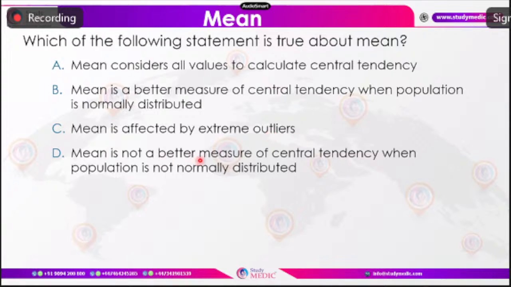The mean is not a better measure of central tendency when the population is not normally distributed. Yes, the mean is only a better measure when it is normally distributed, whereas it is not a better measure when the population is not normally distributed. Then what is correct? All of the above are true. These are the true statements about the mean.